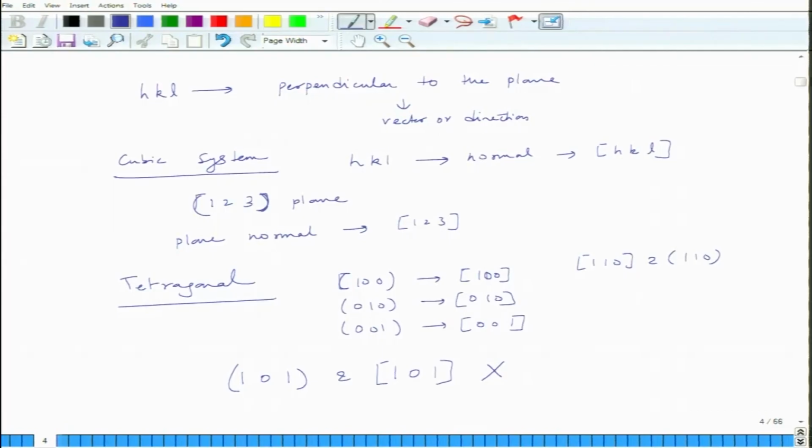So, when you mix H or K with L, this normality condition does not hold true, which means the plane normal does not have the same Miller indices as the plane. The Miller indices of the plane normal are not the same as that of the plane when you go to a tetragonal or orthorhombic or other systems, especially when you mix up the Miller indices corresponding to the dissimilar axis.